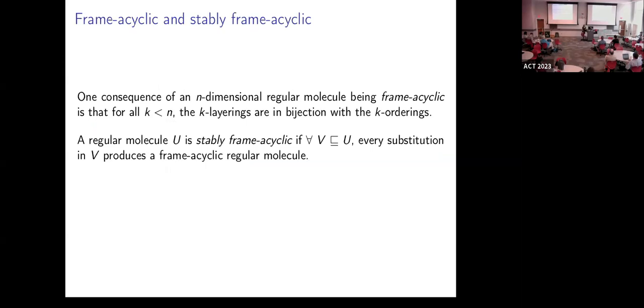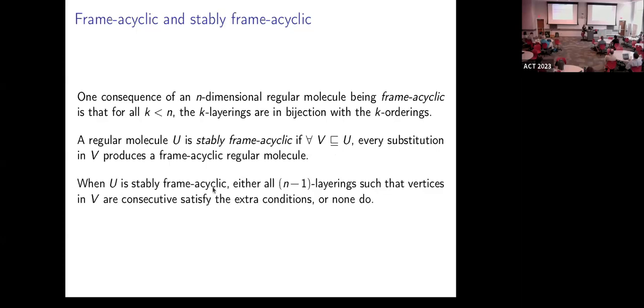And we say that a regular molecule U is stably frame acyclic if for all submolecules of U, every substitution in V produces a frame acyclic regular molecule. And then for these stably frame acyclic regular molecules, we have the case that either all n-1 layerings, such that the vertices in V are consecutive, satisfy the extra conditions, or none of them do.